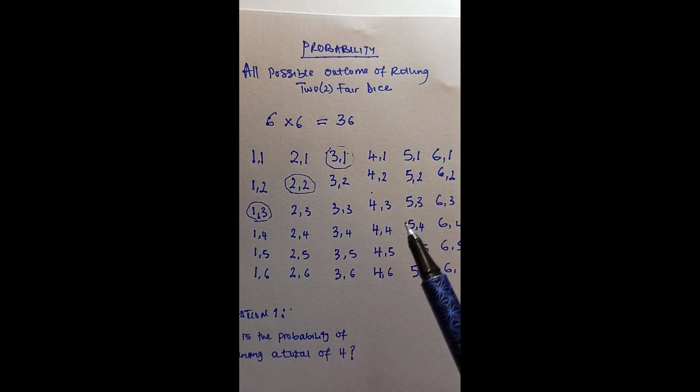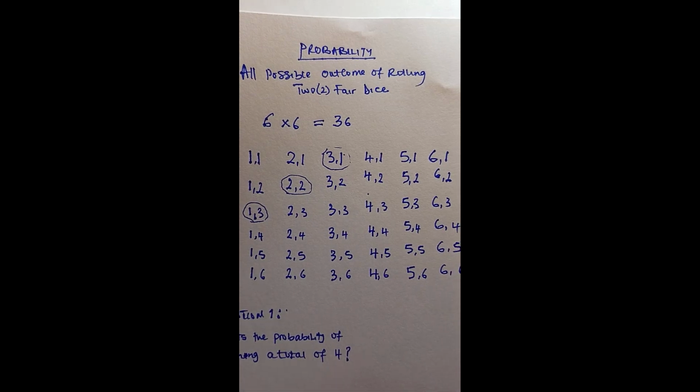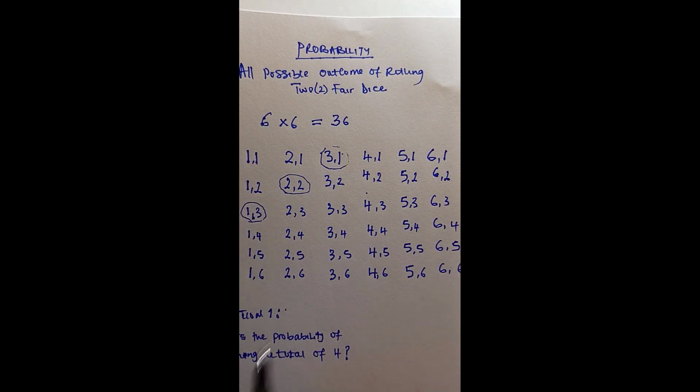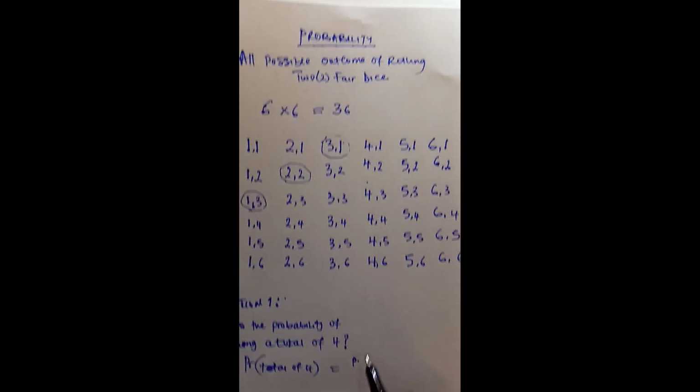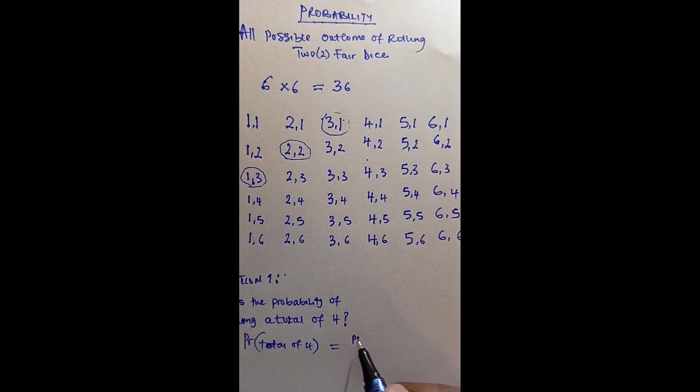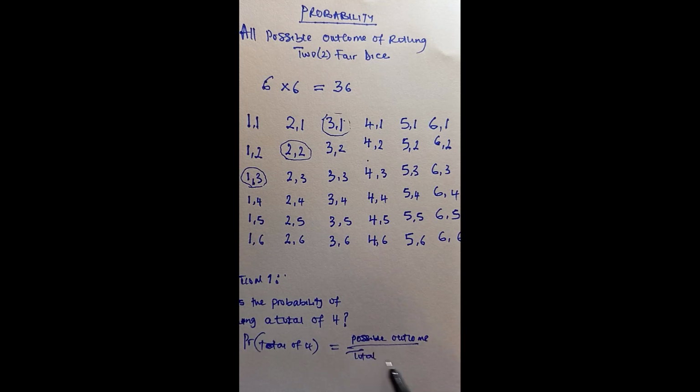Is there another chance that we might have a total of 4? I don't think so, so from the sample space we can conclude that the probability of obtaining a total of 4 equals possible outcome all over total outcome.